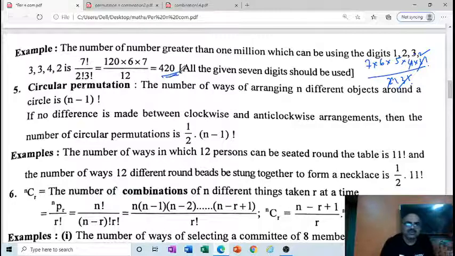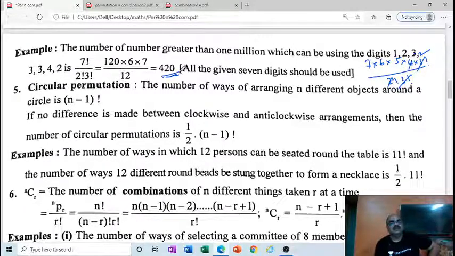I hope all those who are solving this are not 420. Am I right? You don't be 420 in solving or in your life, but get the answer as 420, which is the right answer. All the given digits, 7 digits, should be used in this, and they are used repetitively.